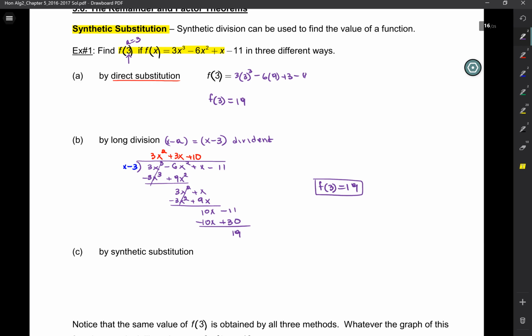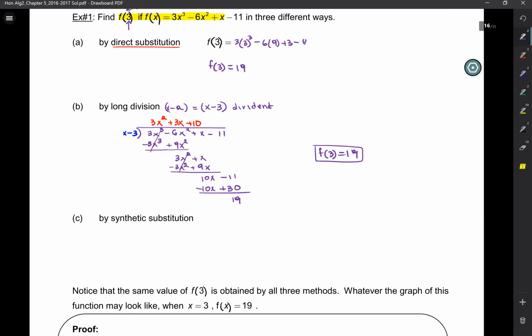Now, let's do the same thing by synthetic substitution. So basically, I'm going to put that same value of a, which is 3, here. And in here, I have my 3 and my negative 6 and my 1 and my negative 11. So 3 comes down.